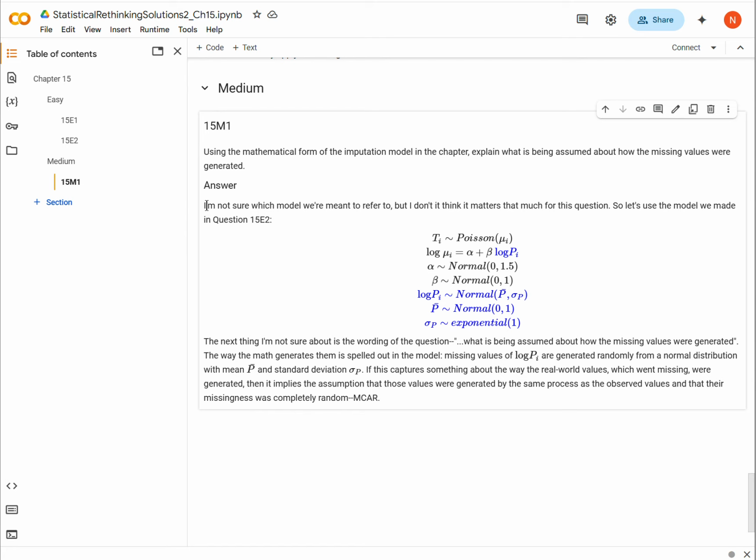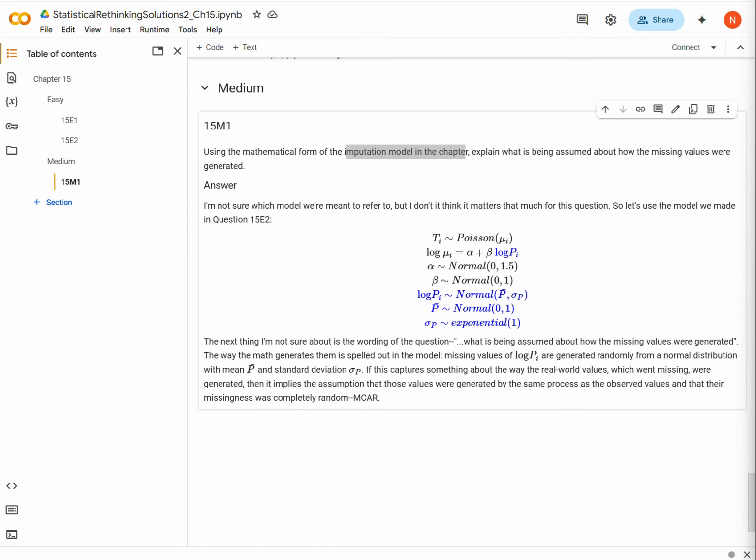I'm not sure what model we're meant to be looking at when it says the imputation model in the chapter, because I believe there's more than one imputation model in the chapter, since we go through these different mechanisms of missingness.